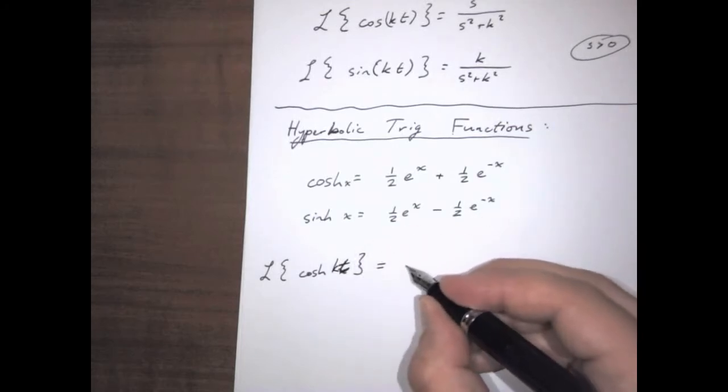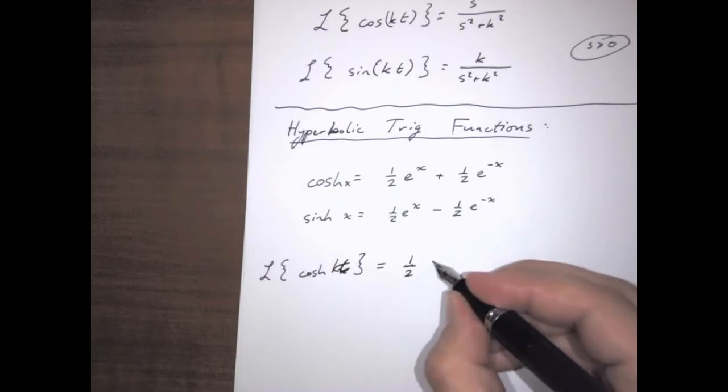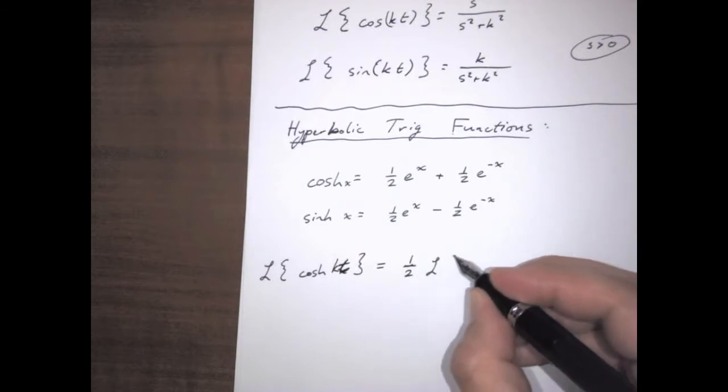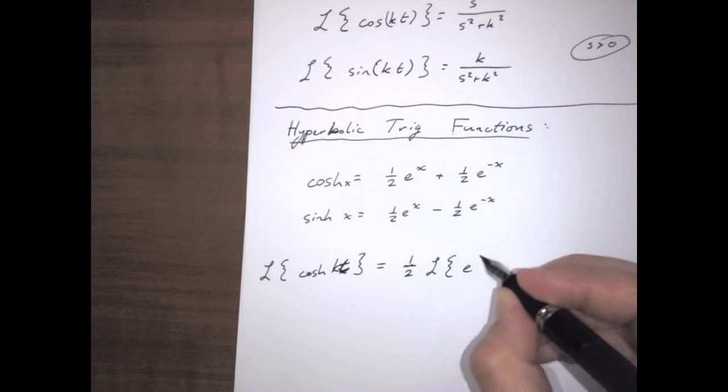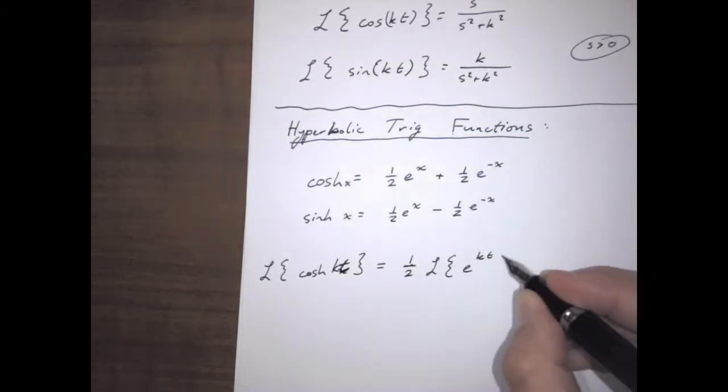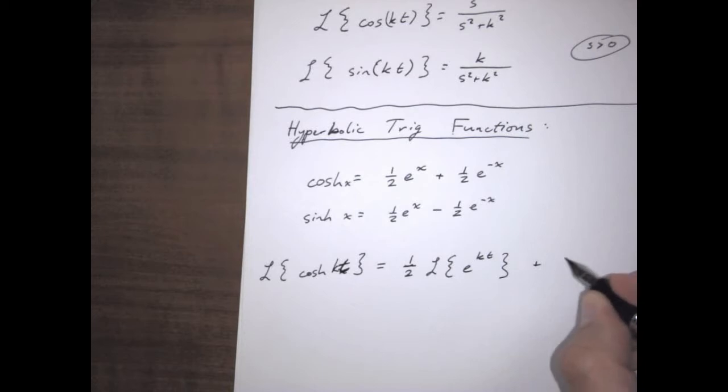So this would be 1/2 times the Laplace transform of e to the kt plus 1/2 times the Laplace transform of e to the minus kt.